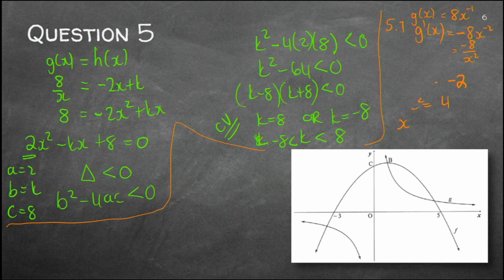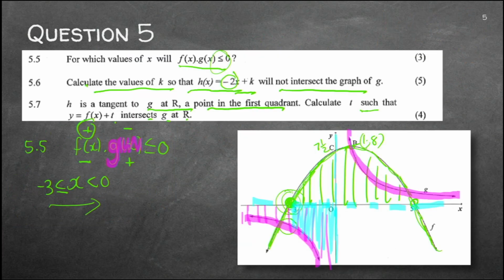So remember, we are going to use the gradient principle. Just take one step back, because they said h(x) is -2x plus k, and it will not intersect the graph of g. Now they say it is a tangent to g at point R, at a point in the first quadrant. Calculate t so that it intersects at R. Very important, we're looking at a first quadrant value.